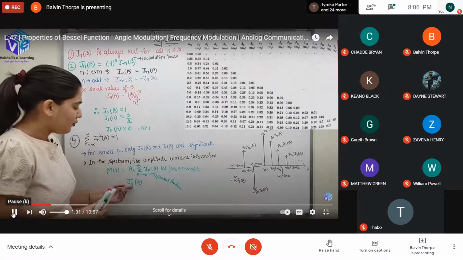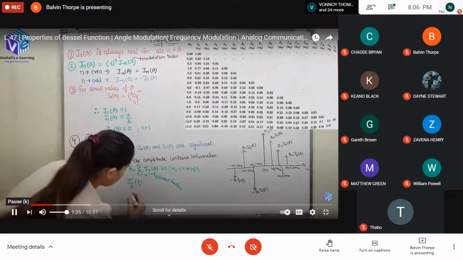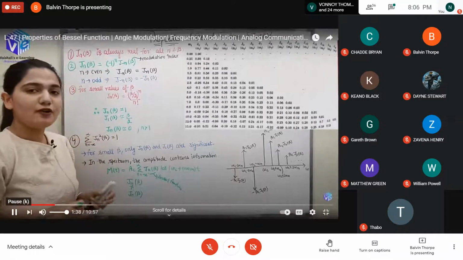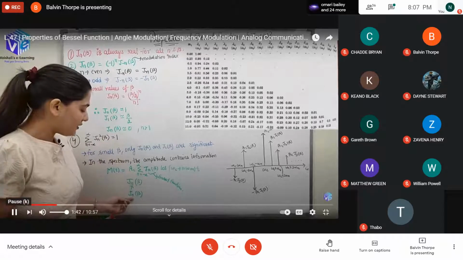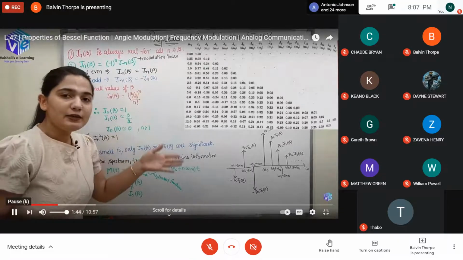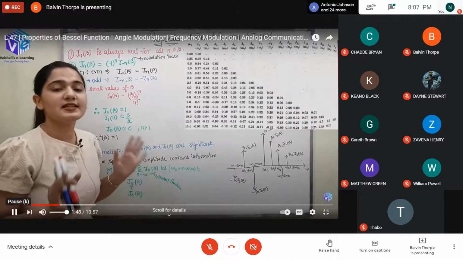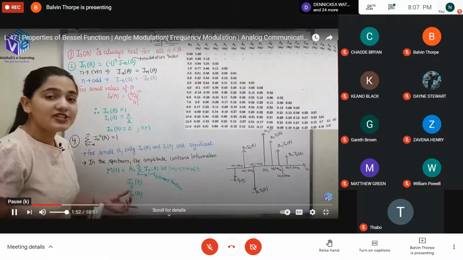That the zeroth value, J0 of beta, you can see from the graph that when N is 0, I can see all the values in that column, and I can deduce that it contains the significant portion of the amplitude. So it is the largest number.